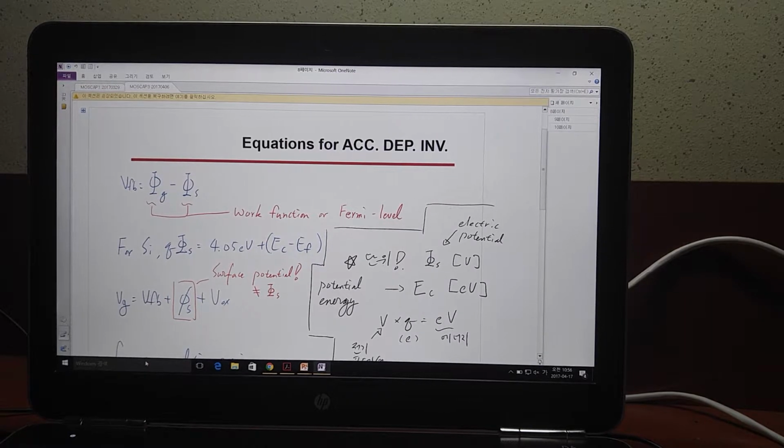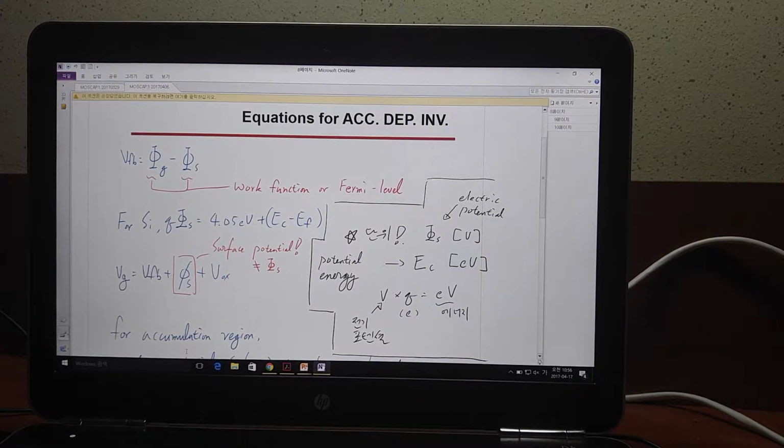For the accumulation region, the surface potential drop can be neglected compared to the flat band voltage. Here, as you see in this equation, what you have to focus on is the charge.